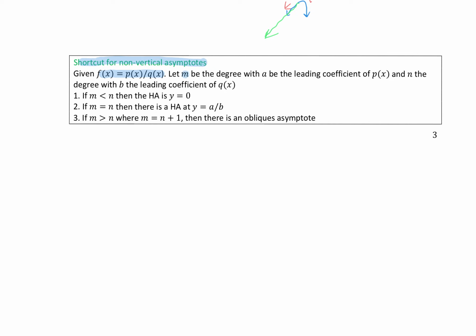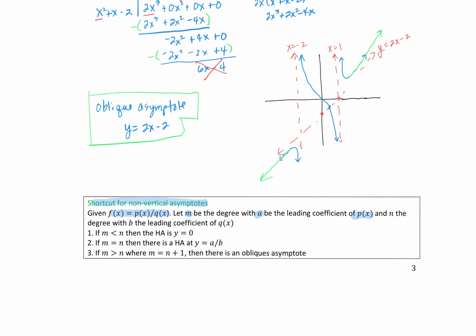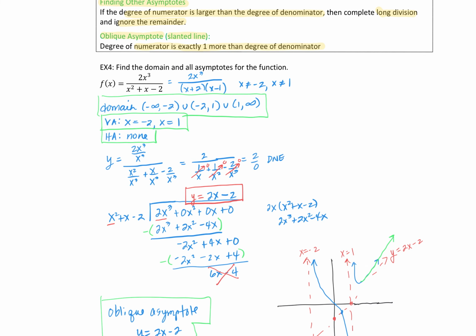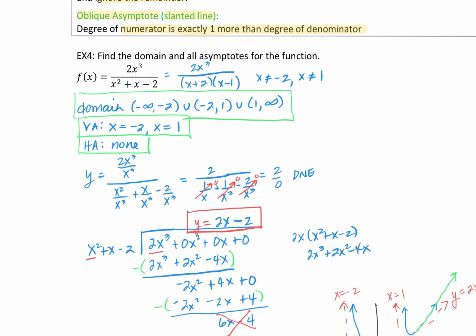And we're going to let m be the degree of p of x, and then a is going to be its leading coefficient. So going back to our function here, 3 would be the degree of p. Our p is 2x to the third. 2 would be the leading coefficient.